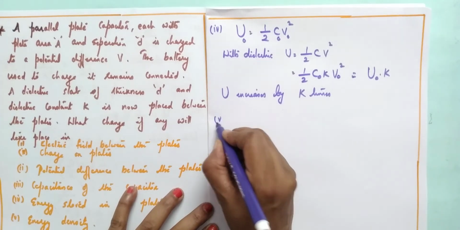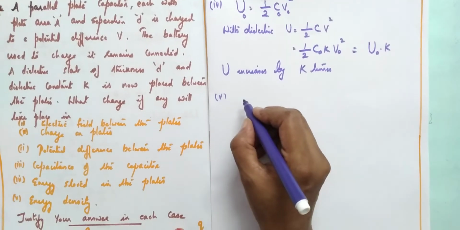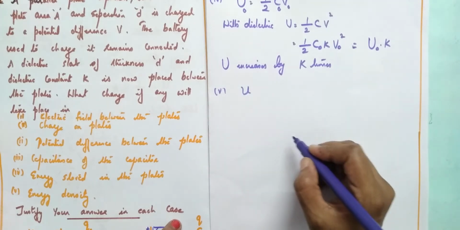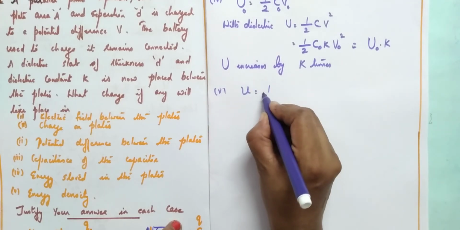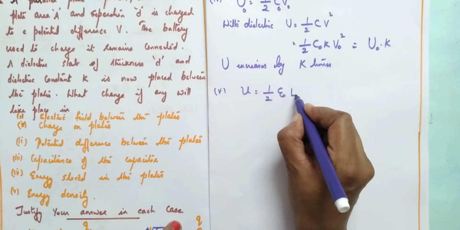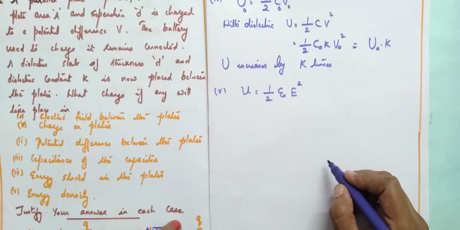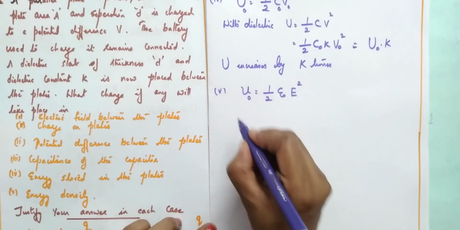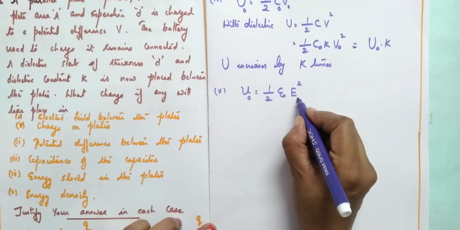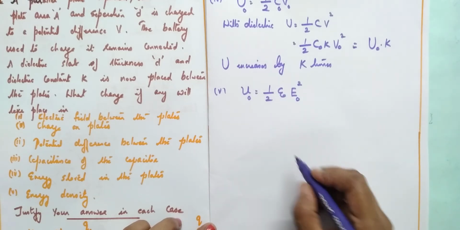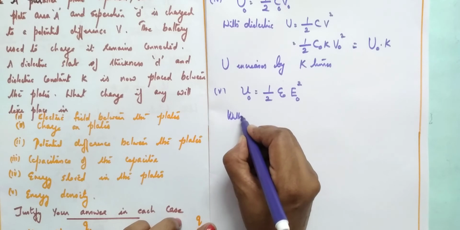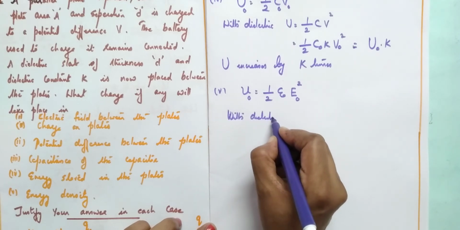Then the fifth one, the last one, is energy density. Energy density is given by half epsilon 0 E square. With air, we can write U0 equals half epsilon 0 into E0 square. That is with air. With dielectric, how will you write the formula?